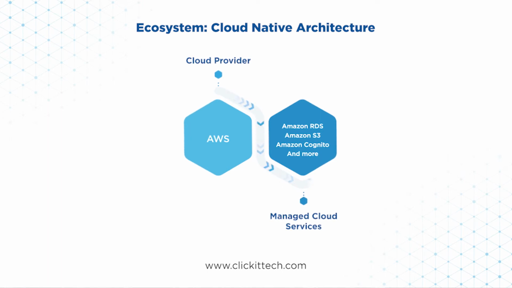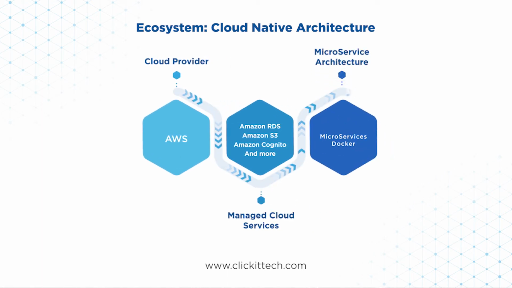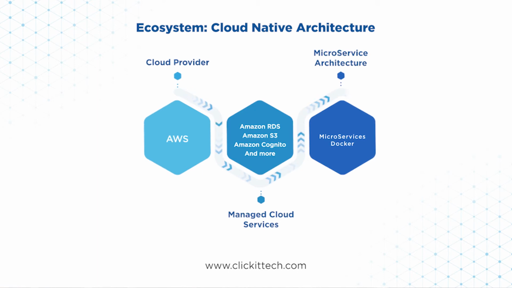So once you have identified the managed services as step 2, then move to step 3, which is to build a microservice architecture within your application, and for that you can use Docker and containers.